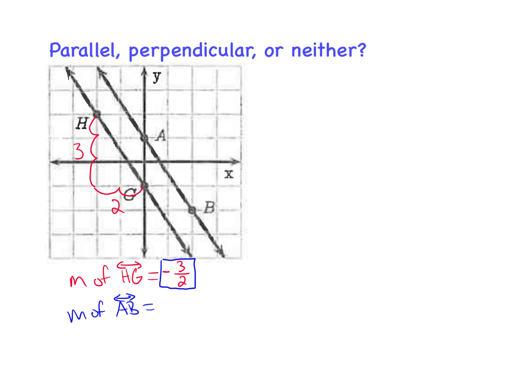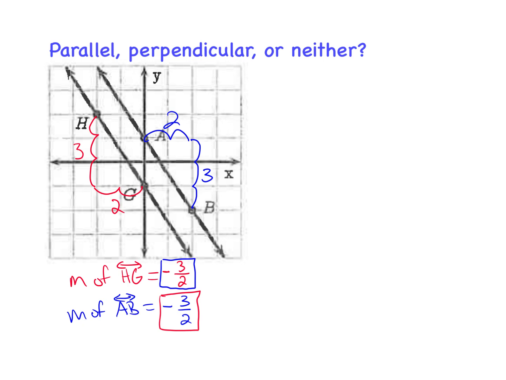All right, then the next one, AB. What is the rise on it? 3. 1, 2, 3. And then 2 for the run. They're the exact same, because it's a negative slope as well, so it's negative 3 over 2. So it's parallel. Do y'all agree with them?